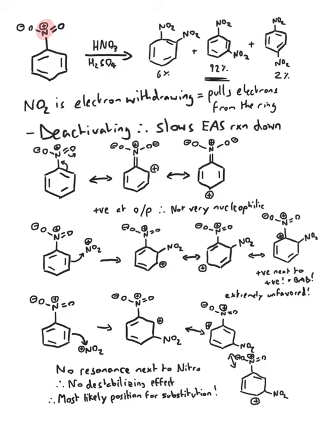It's not that meta is favored, it is just less unfavored. So, long story short, electron donating groups direct ortho-para substitution. If it's bulky, it's more likely to be para. And if it's electron withdrawing, we get meta substitution because it is a less unfavored reaction.